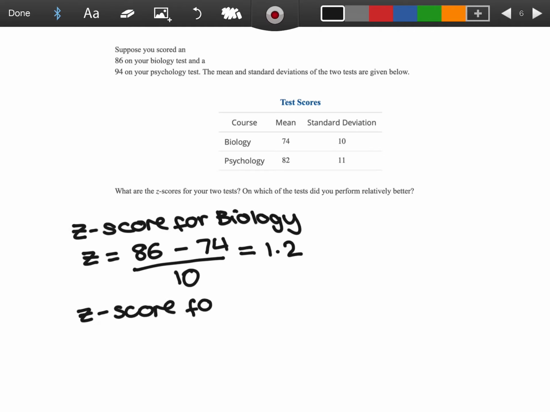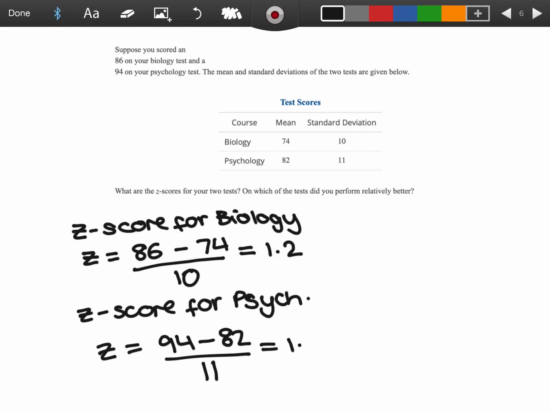Then the z-score for psychology was my data point of 94, minus the mean for the class of 82, divided by 11. Again I was 12 above the mean, but the standard deviation was 11, which means that if you calculate that, it comes out to roughly 1.09.